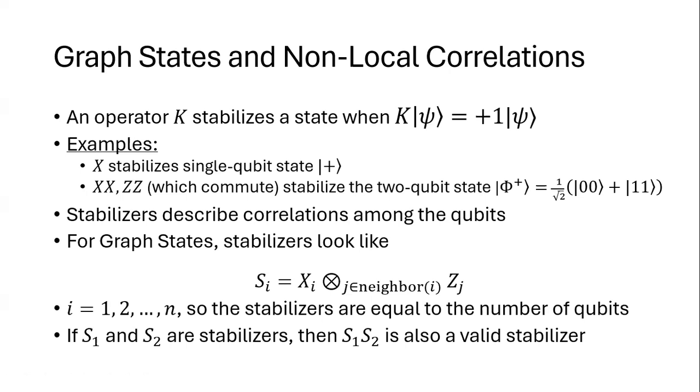So that's what a stabilizer looks like for a graph state. And finally, if you have two stabilizers for your state, then the product of those stabilizers is also a valid stabilizer. That's important to keep in mind for what comes next.